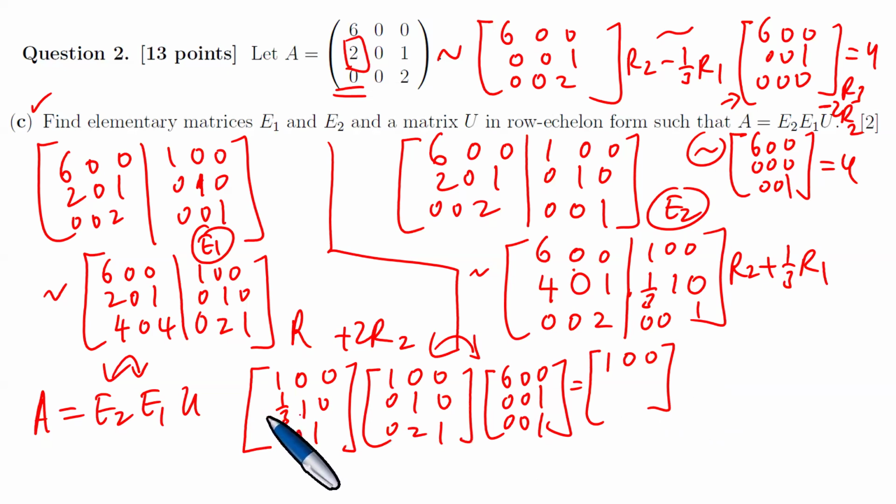You multiply these with that, you get 1/3. You multiply these with that, you get 1. Exactly 1. These with that is 0. This is a 0, right? Okay, good.